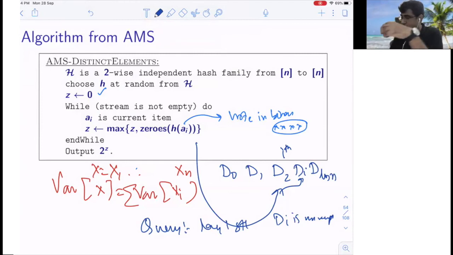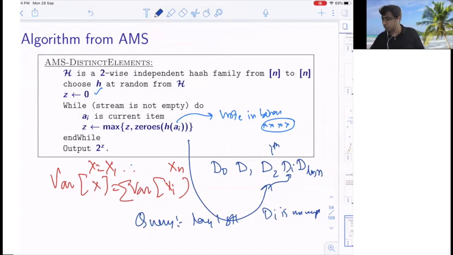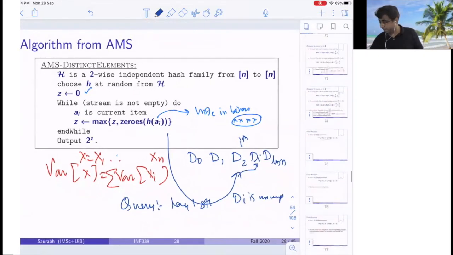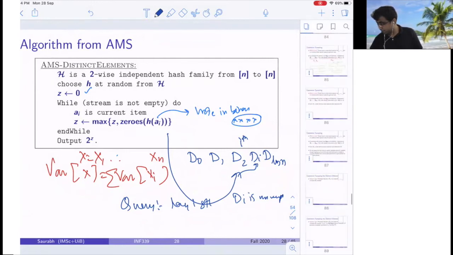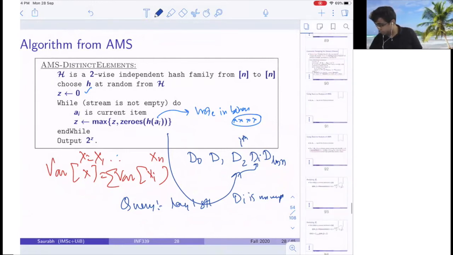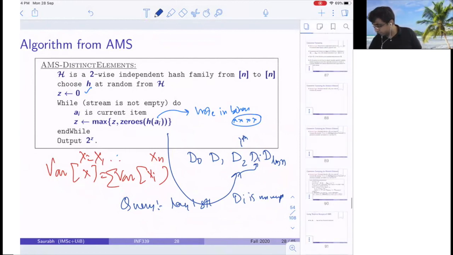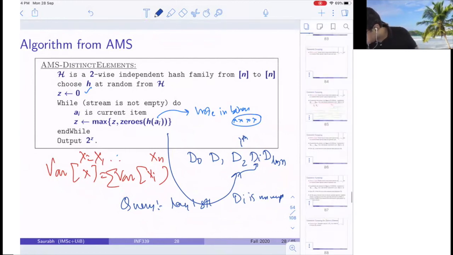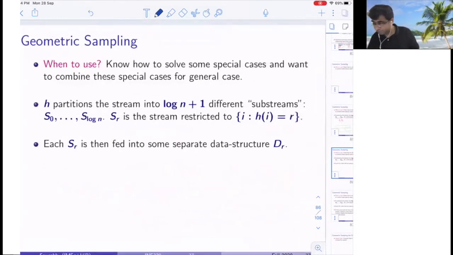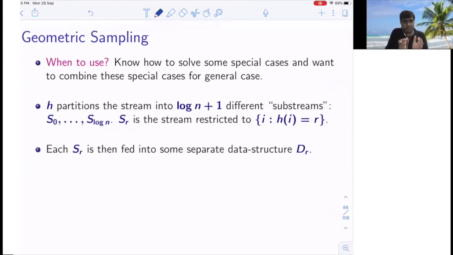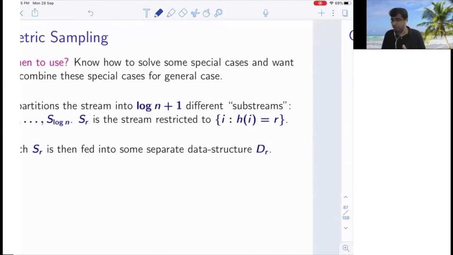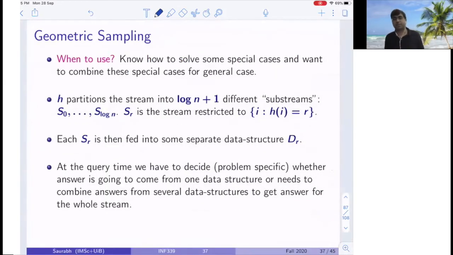Now we will make this nature of the AMS algorithm slightly non-trivial. Any question? So this is what I meant by S_R being fed into a separate data structure, and you take solutions from the different substreams, so different data structures, and you get the answer for the whole stream. That's the whole idea.